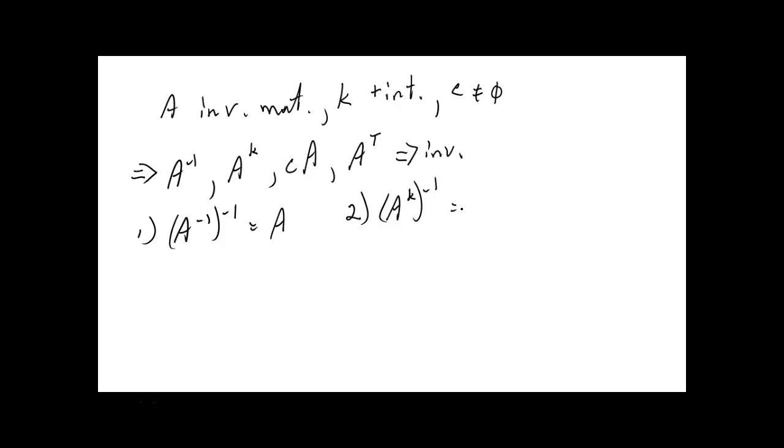It seems to me they just go straight to the chase, and I think I'm going to do that. That's equal to A inverse raised to the kth power, which is A inverse times A inverse times A inverse, all the way up, k times.